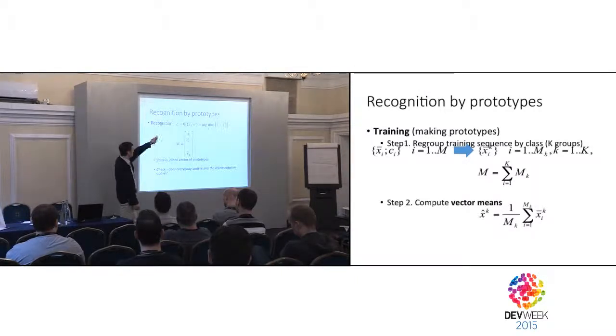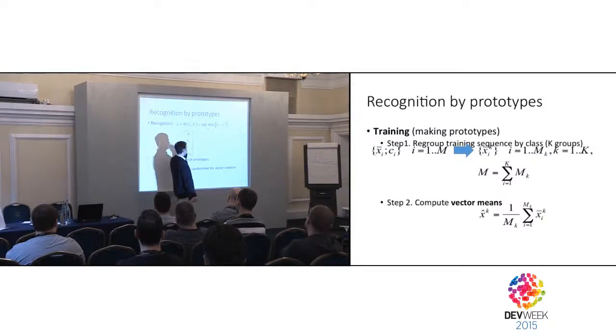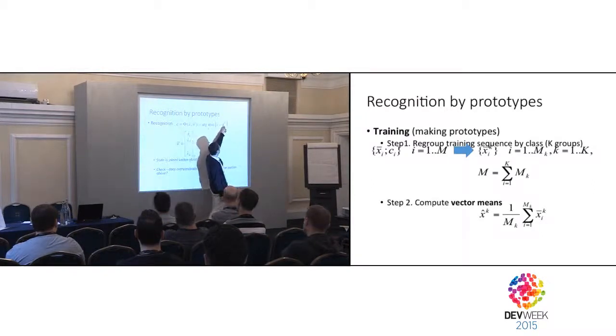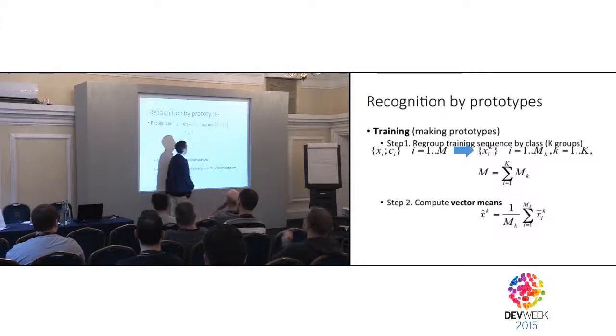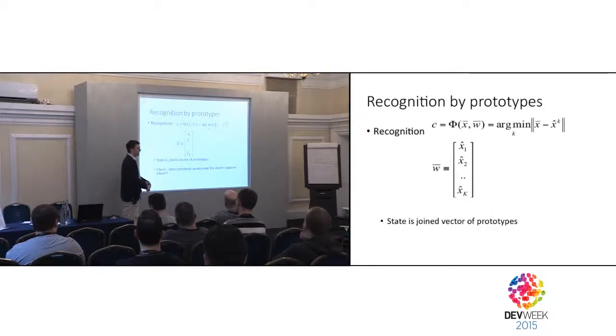Now recognition is quite simple. In spite of the math that might seem a little bit unfamiliar to you, basically what we do is that we denote prototypes with this hat, yeah? Not a regular vector, but with a hat. So for each class, we have its own prototype.